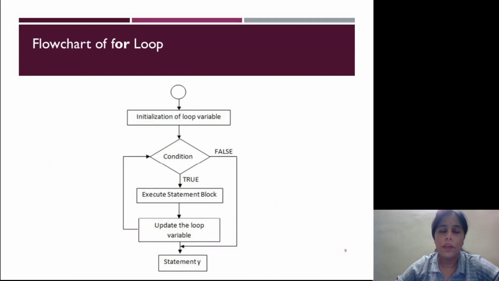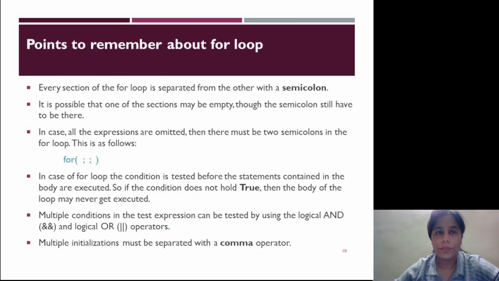And this is the flow chart for for loop. There are certain points to remember about for loop, and those are: every section of the for loop is separated from the other with a semicolon. It is possible that one of the sections may be empty, though the semicolons still have to be there.